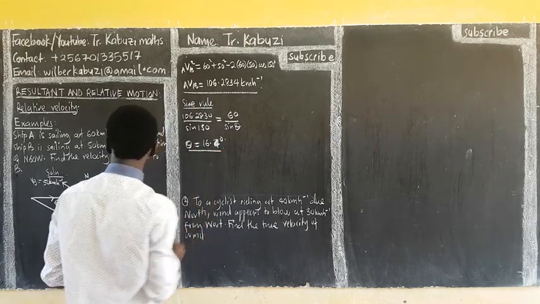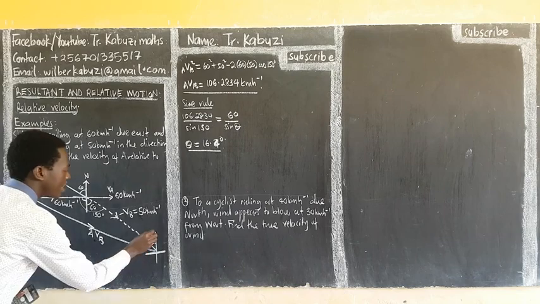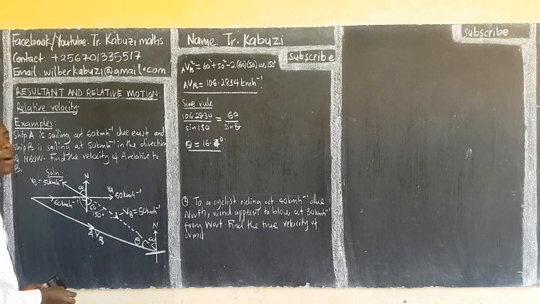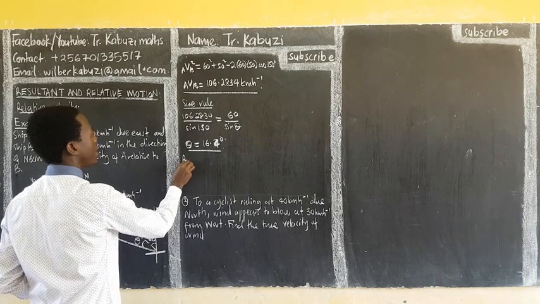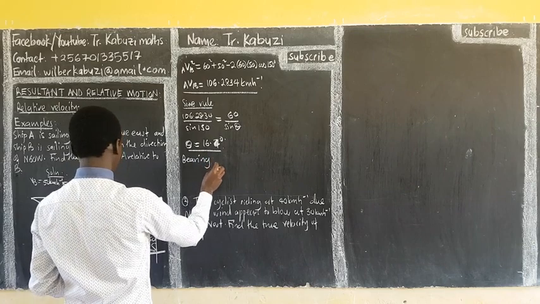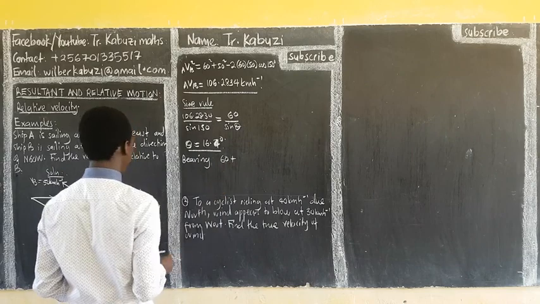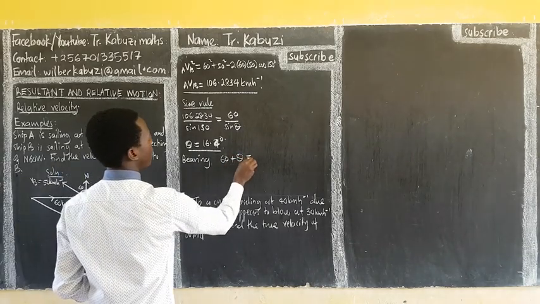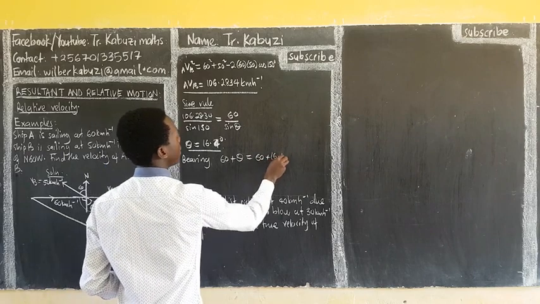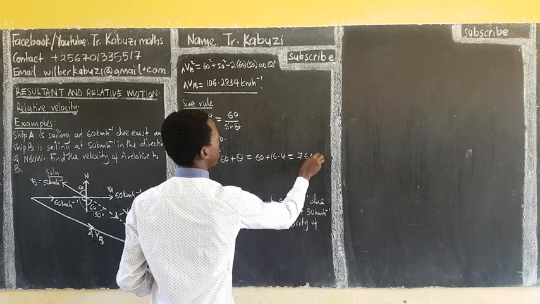But now, this angle here, remember I'm not reading it from the north line, because this is our north. So the bearing is going to be 60 plus this theta. Therefore, my bearing is going to be 60 plus 16.4, which will give us 76.4 degrees.